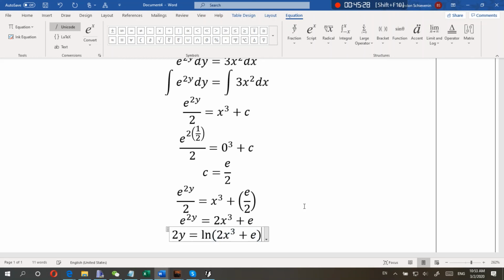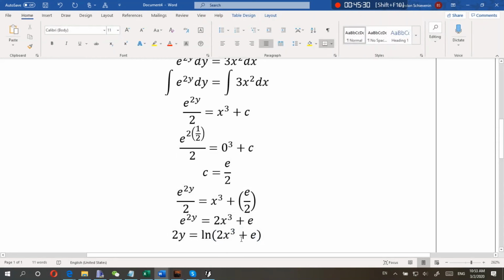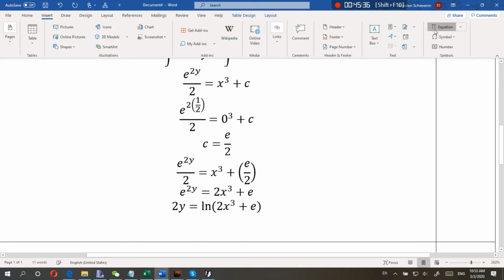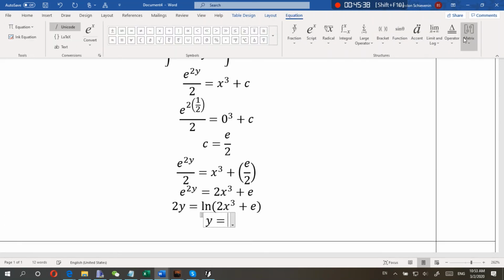And unfortunately, I can't simplify that with my properties of logarithms because I'm not multiplying here. So I have to keep this like this. And then I'll divide by 2 to get our y value: ln of 2x cubed plus e, over 2.